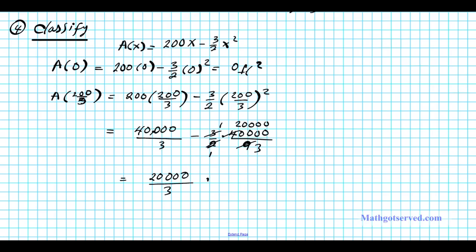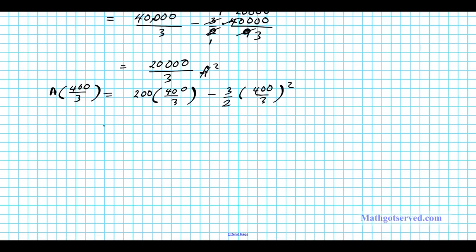And then if we do A of the upper bound, 400 over 3, we have 200 times 400 over 3 minus 3 over 2 times 400 over 3 squared.